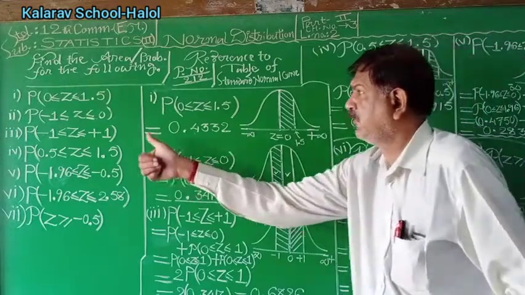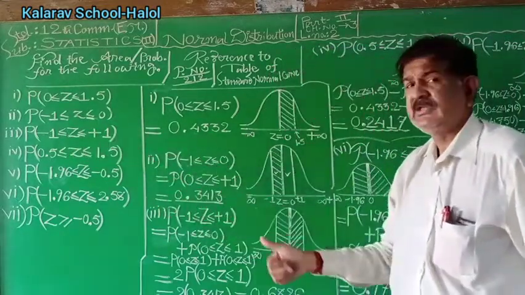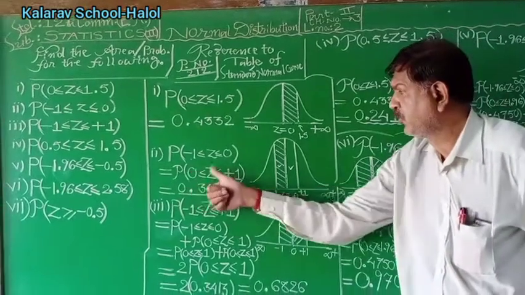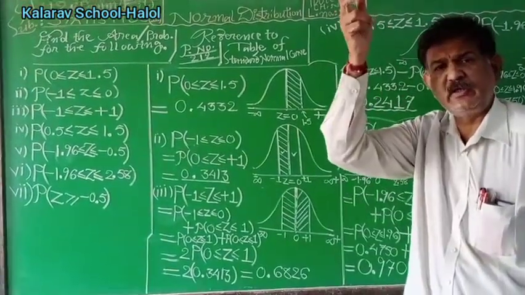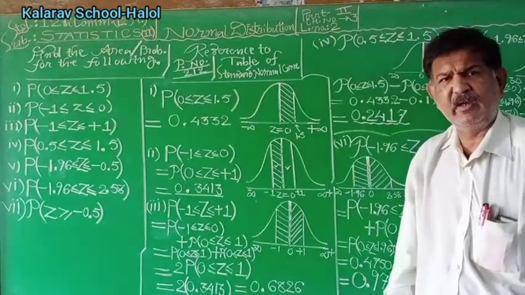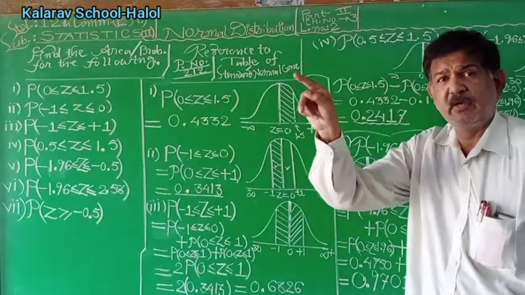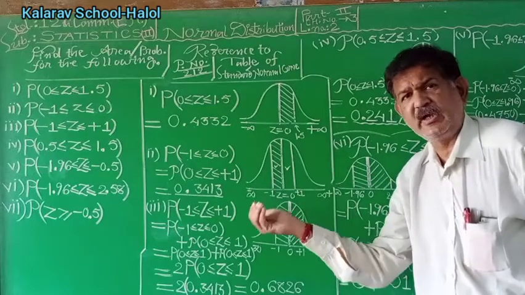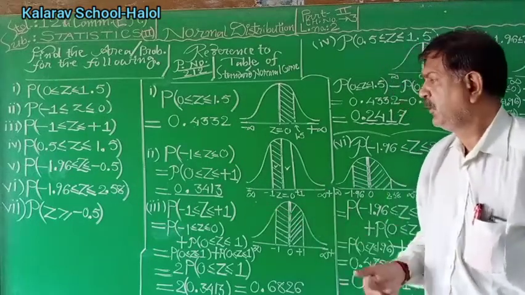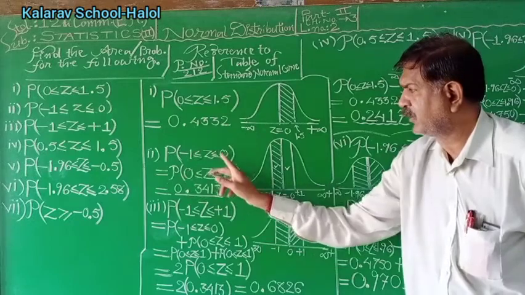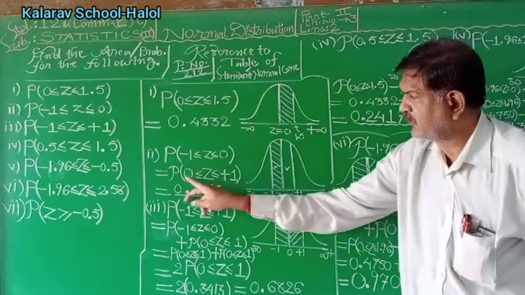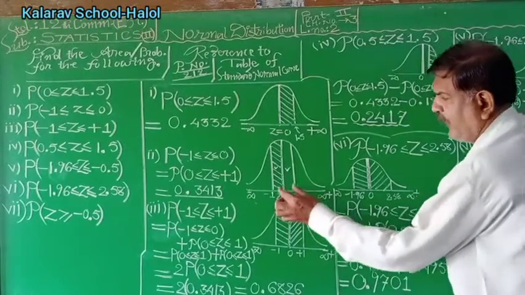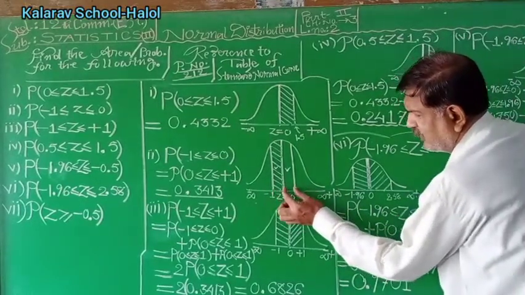Next, minus 1 to 0, which is equivalent to 0 to 1. At the top of the table it is given as 0 to z, for the right-hand side only, from 0 to the value of z. So minus 1 to 0 is equivalent to 0 to 1.